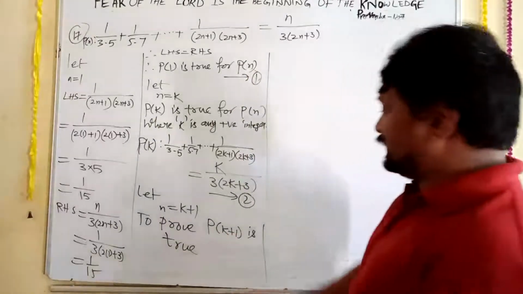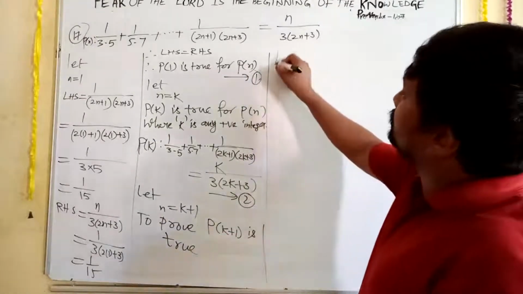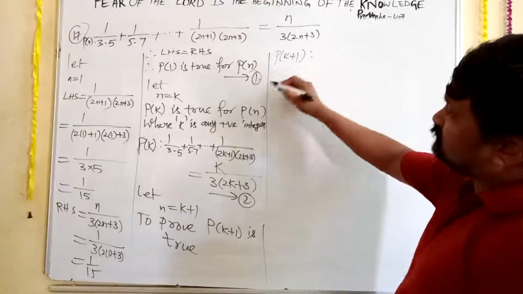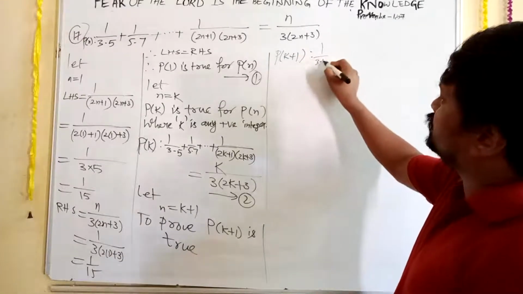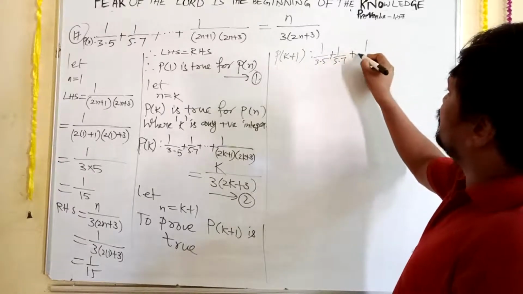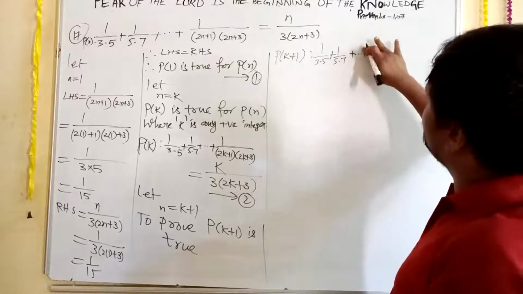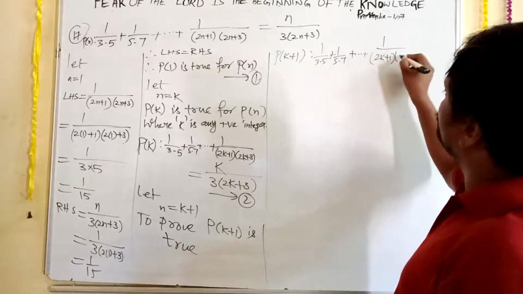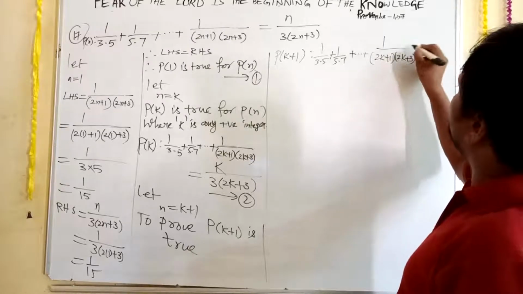Okay. So now let us check this part. P of k plus 1 is such that 1 upon 3 into 5 plus 1 upon 5 into 7 plus and so on plus 1 upon 2k plus 1 into 2k plus 3.